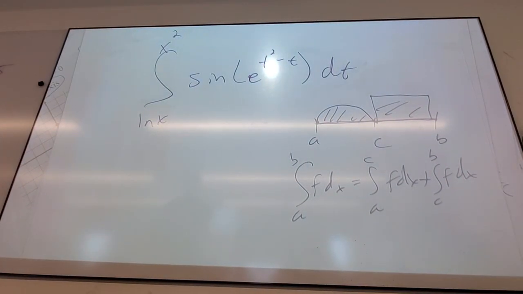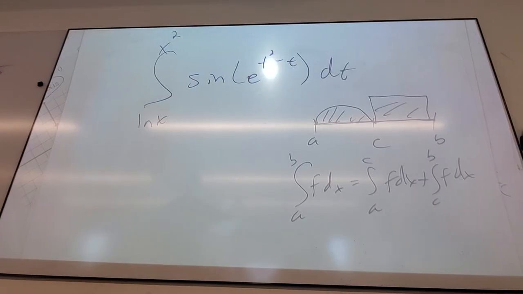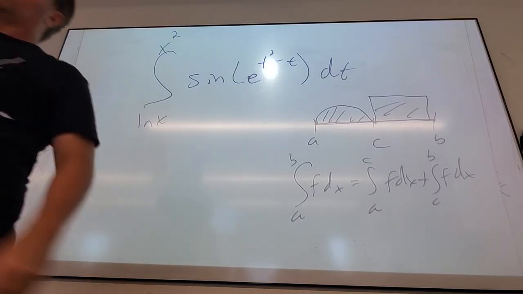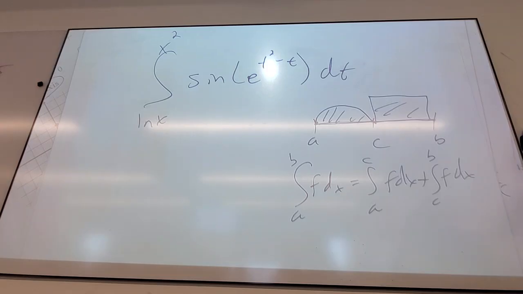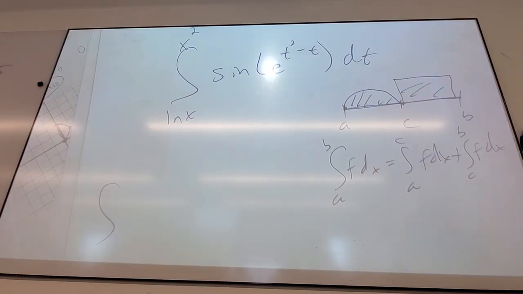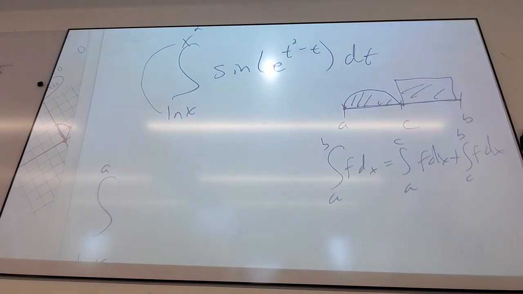So I can go anywhere between two things, get the area up to that point, the area after that point, and then if I add them, I get the whole area. Nothing amazing. So that's what's going to help me here. I would go from natural log of x to some number that's in between these two.